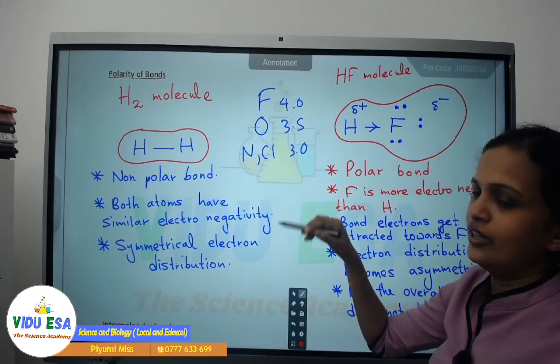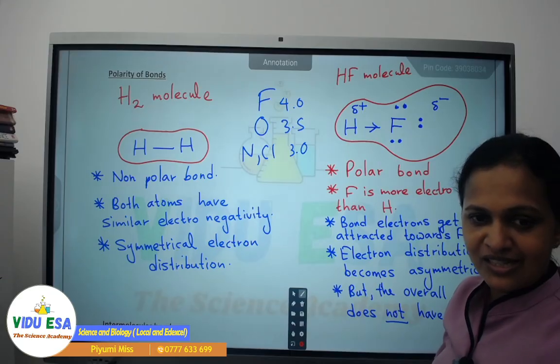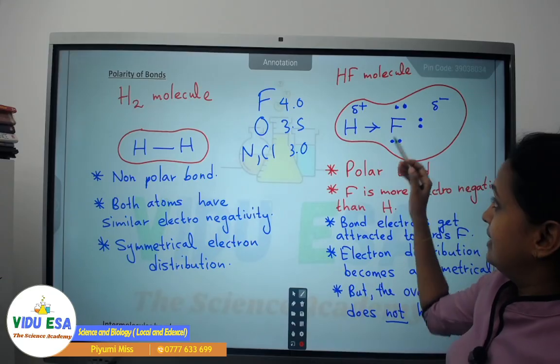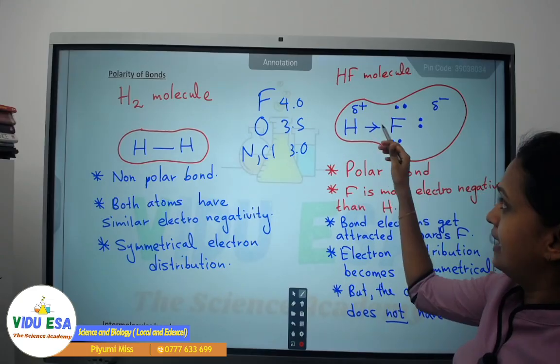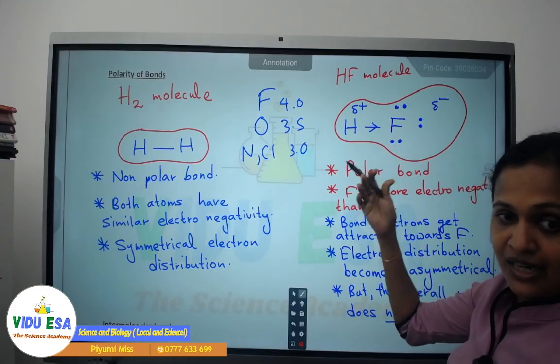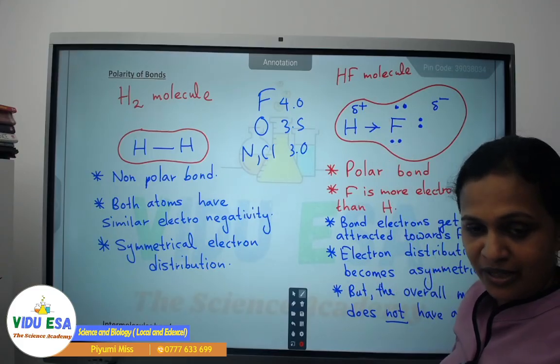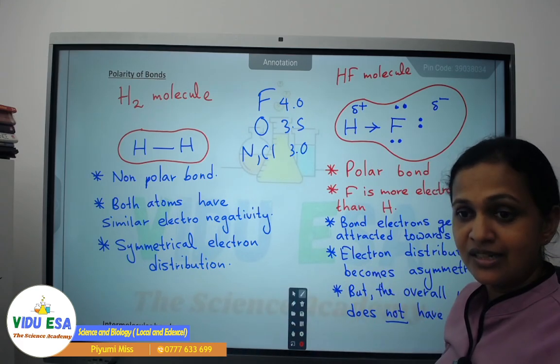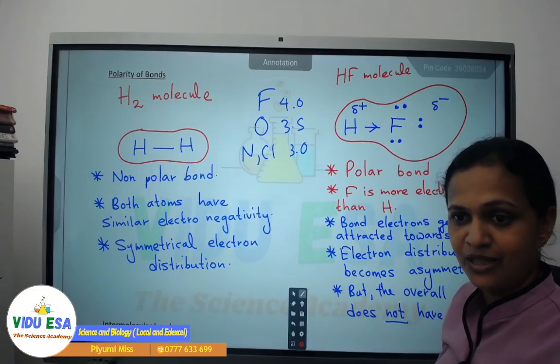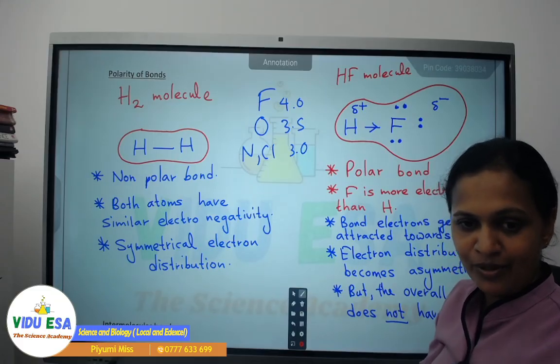So these are the 4 elements with the highest electronegativity. Therefore, here the covalent bond electron pair is attracted more towards fluorine, because electronegativity is the ability to attract the bond electrons towards itself when it is chemically bound with another atom of an element.